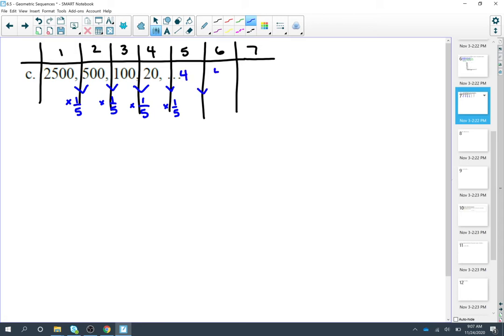Times 1/5 is 4/5. Times 1/5 again is 4/25. Whew. It's getting really small. Okay, so the first part where you had to find the next three terms in the pattern is right here. But then we have to graph.